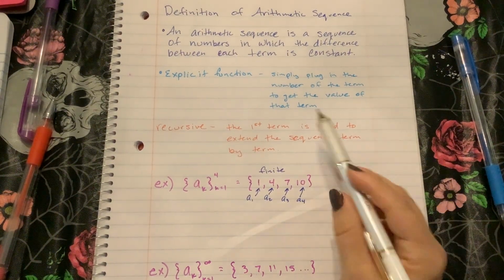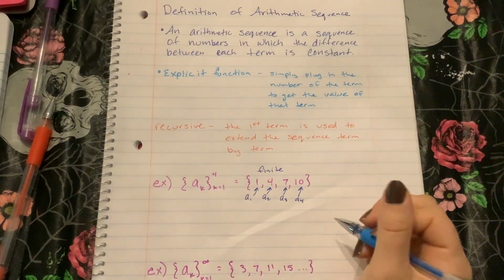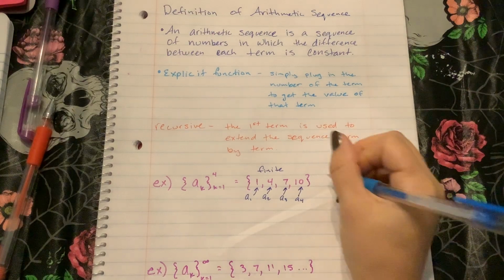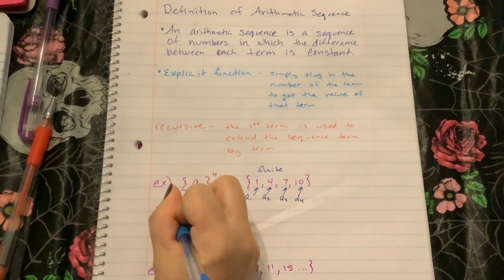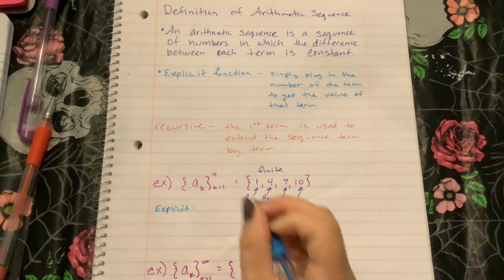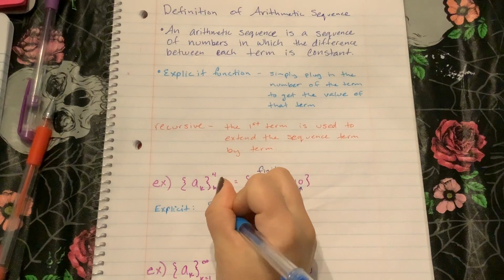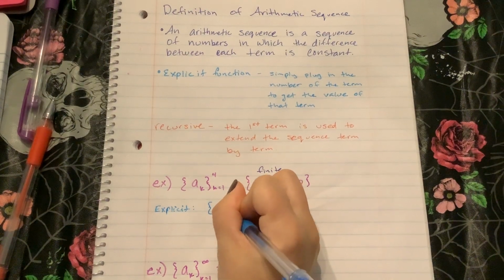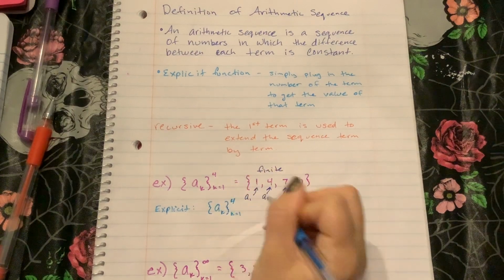Let's first talk about doing an explicit rule for this sequence. We would state that, let me write this as explicit. So we go ahead and state our sequence. It's a sub k, where k is the first term, and we've got 4 terms to go.